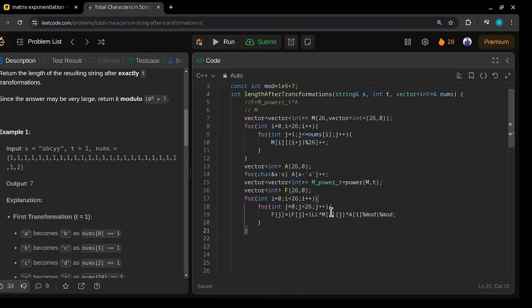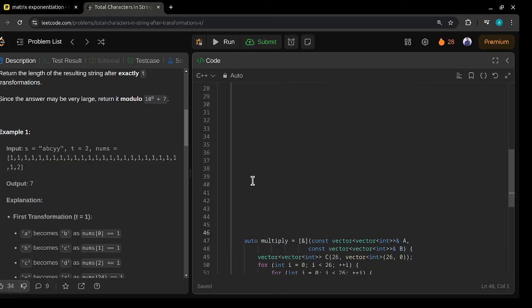Now when I have calculated the f vector, effectively I have to sum it into the answer. So for every integer x in f, I do answer equal to answer plus x, with the modulo also, and then return the answer.